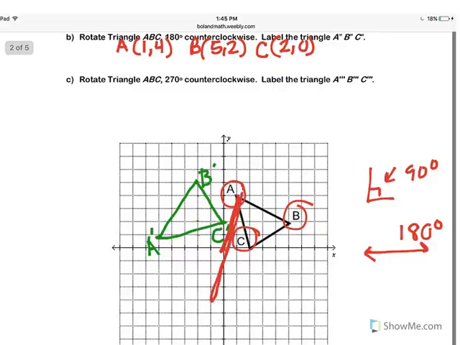So it's basically just a straight line from A to A prime prime. So our new point for A would be right here. Okay, you can also look at this like moving it counterclockwise 90 degrees twice.